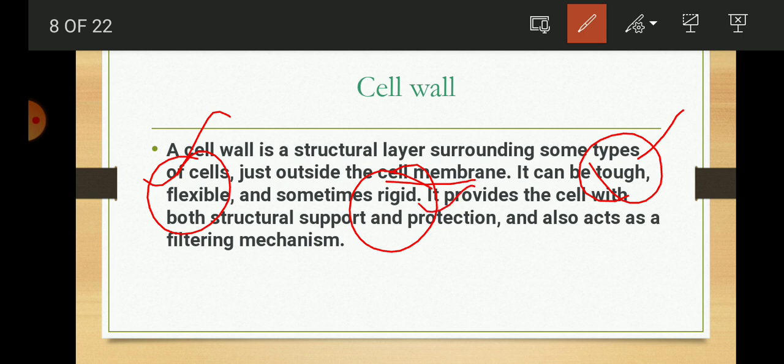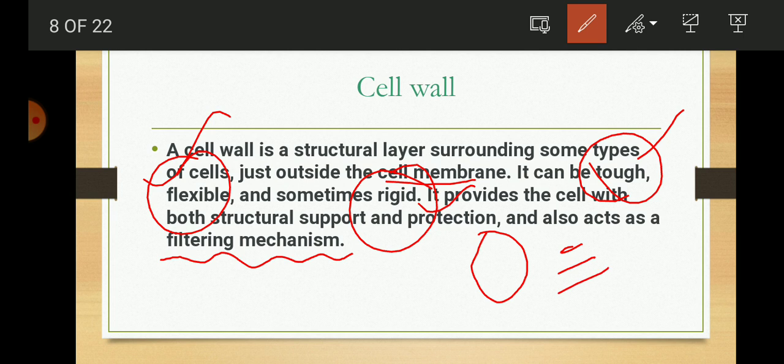And students, this will support the cell and also protect it from the outer environment, and therefore it also acts as a filtering mechanism. Filtering mechanism means the things which are outside the cell.